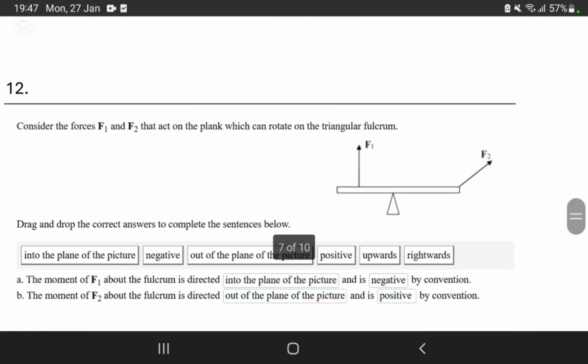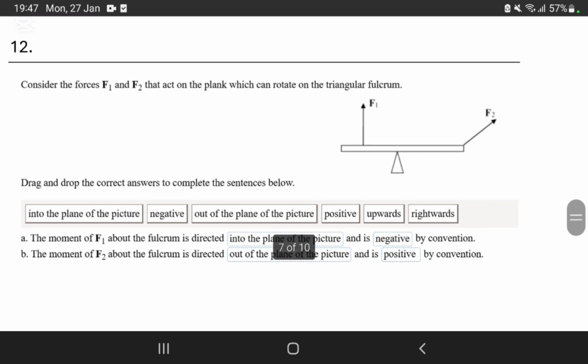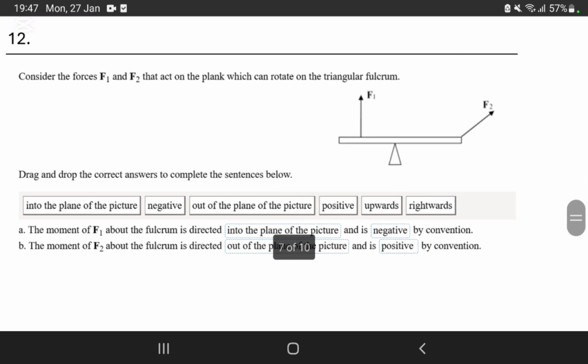Consider the forces F1 and F2 that act on the plank which can rotate on the triangular fulcrum. Drag and drop the correct answers to complete the sentences below.